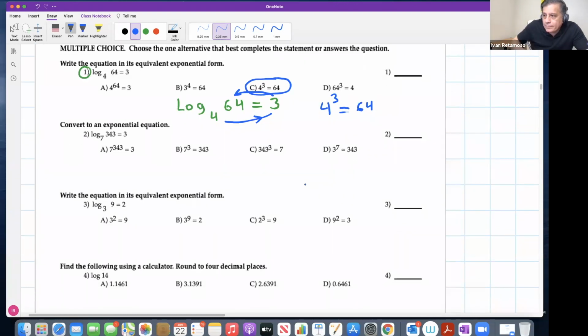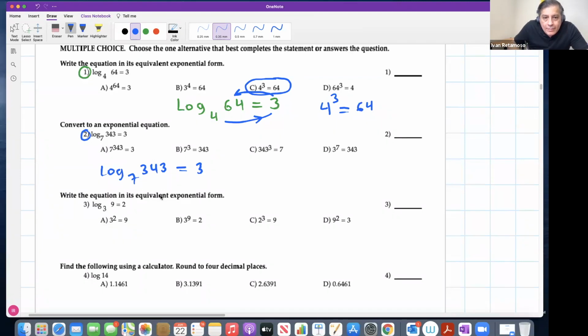Number 2. This one: log base 7 of 343. Notice the number is big. It will be hard to come up with a table, not so efficient. So, snail it. We use the mnemonic way. Savannah, very good, you got it.